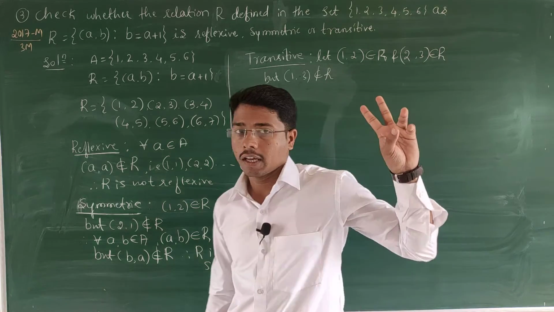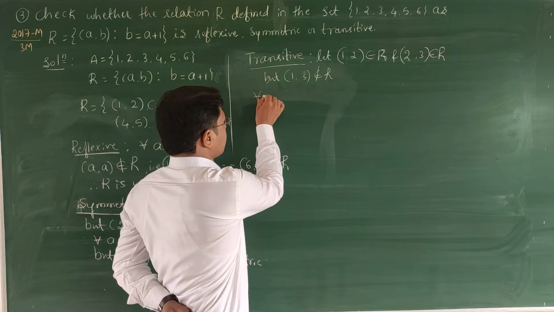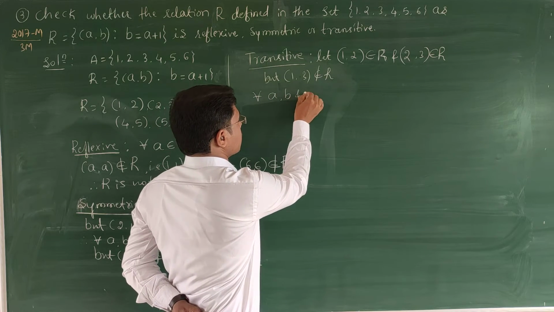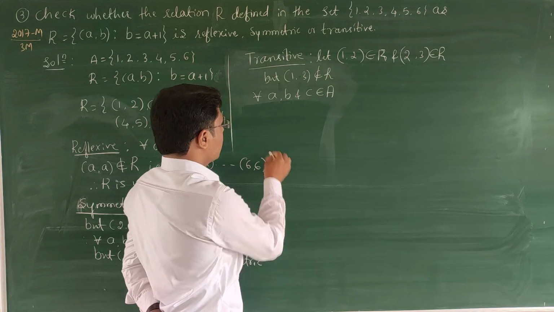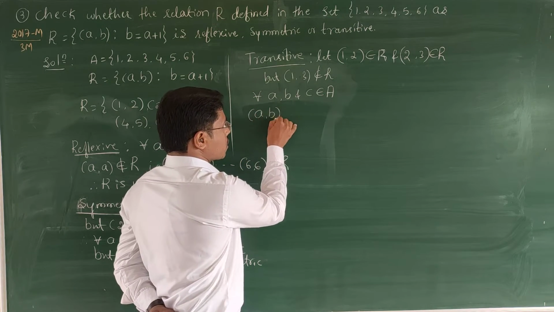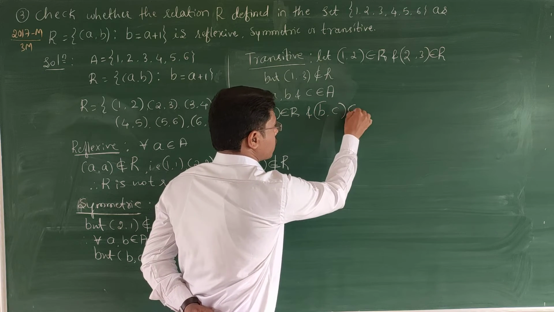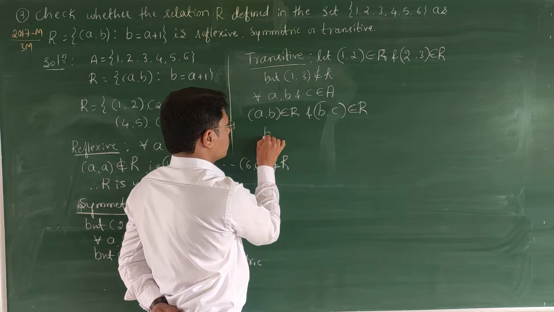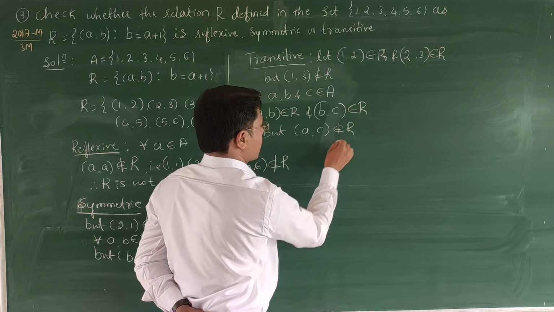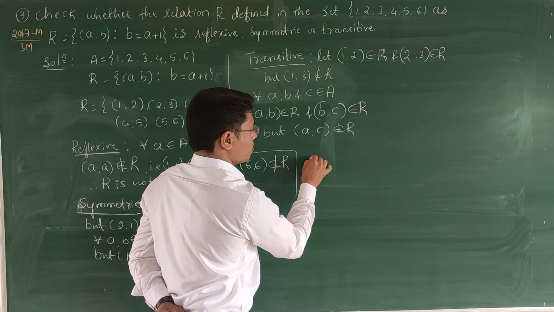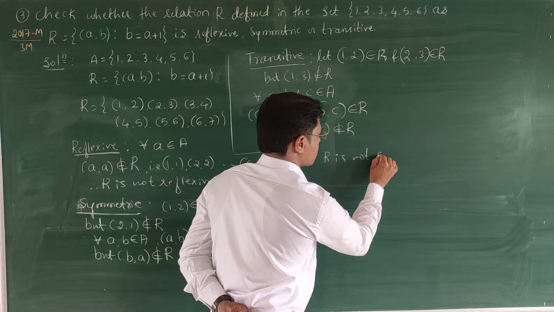So now, generally, for all a, b and c belonging to the set A, (a, b) belongs to R and (b, c) belongs to R, but (a, c) doesn't belong to R. So therefore R is not transitive.